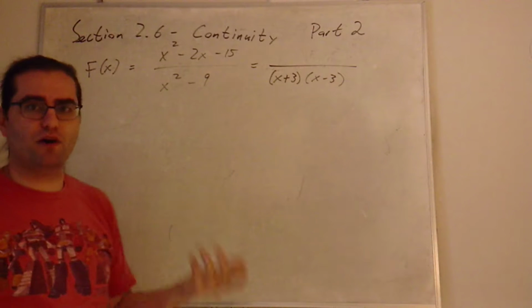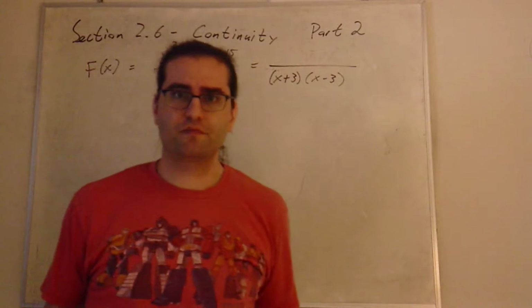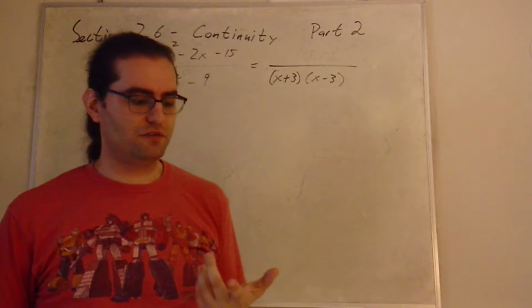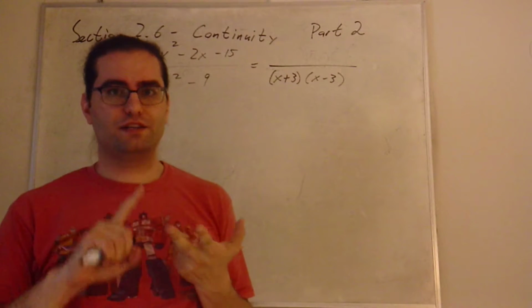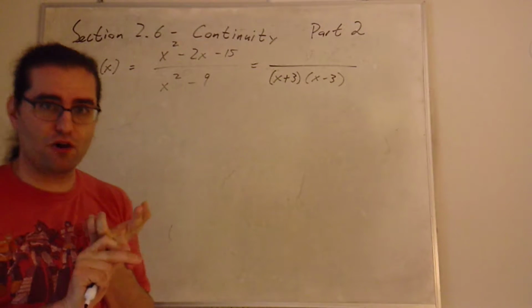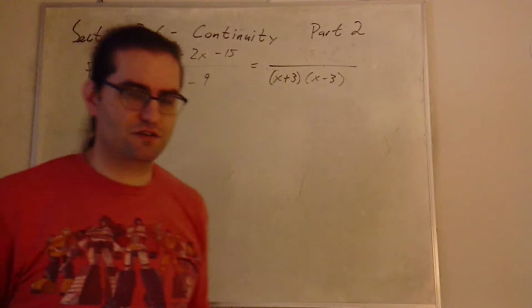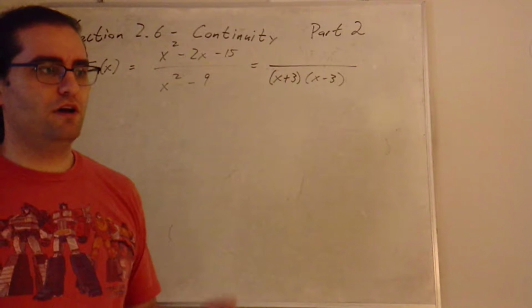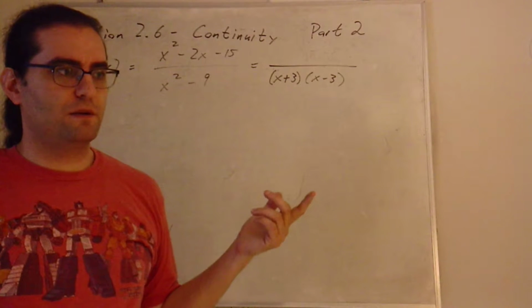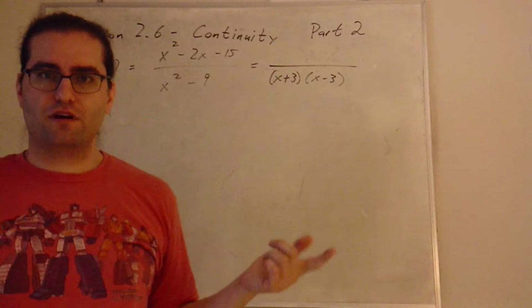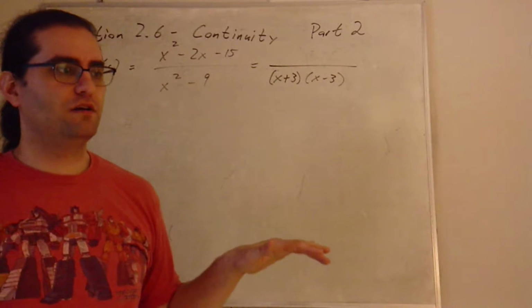We already said that polynomials mean no weird stuff, and no weird stuff includes they're always smooth and continuous. So if you just have a polynomial, it's continuous everywhere. You don't have to do any work. Sine, cosine, those are continuous everywhere. You don't have to do any work. Exponentials are continuous everywhere, no work required.